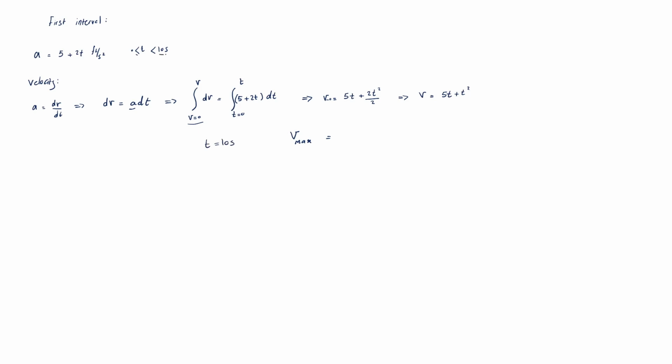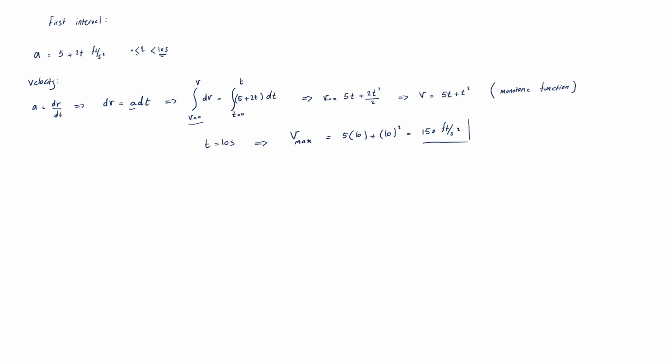At time 10 seconds, the velocity is 5 times 10 plus 10 squared, which becomes 150 feet per second. Again, this is because the velocity is a monotone function. This is the answer of part A, the maximum of the velocity.